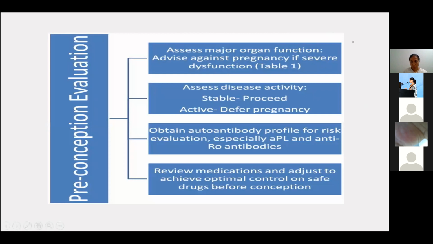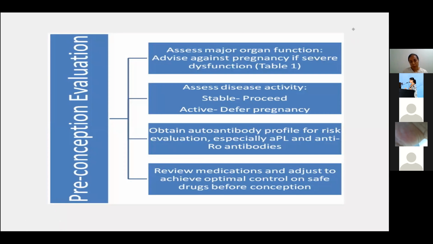So we have to evaluate the risks before conception. First, the major organ functions should be assessed. If there is severe dysfunction, the patient should be advised against pregnancy. And the disease activity should be assessed.